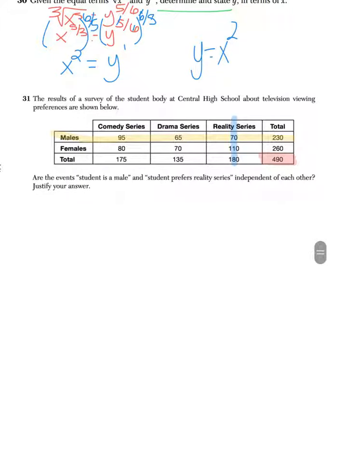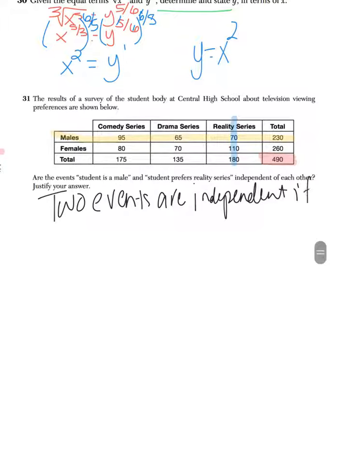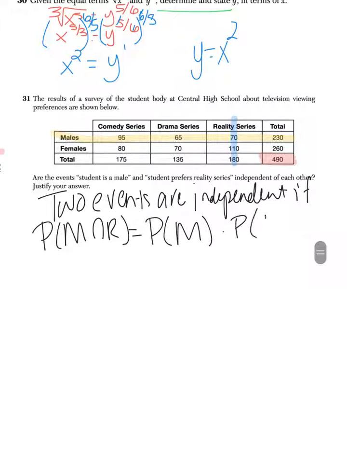So remember, you can state that two events are independent if the probability of both of them together, the intersection, is equal to the probability of each individual one being multiplied together.